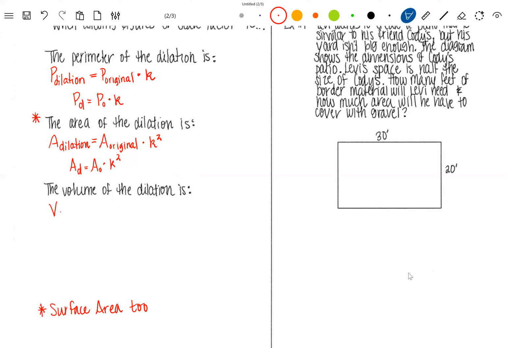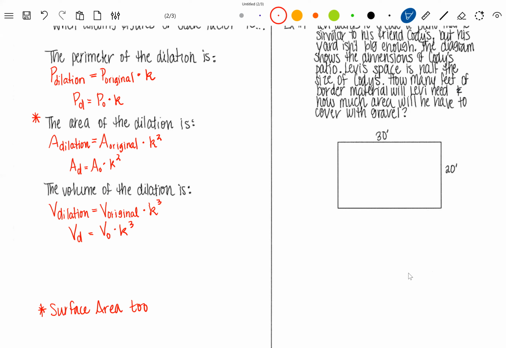The volume of the dilation is equal to the volume of the original multiplied by the scale factor cubed. So V sub D equals V sub O times K cubed.